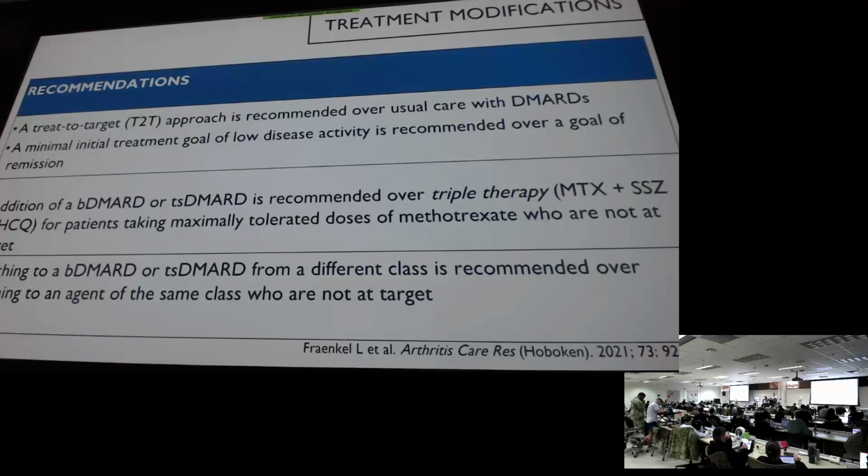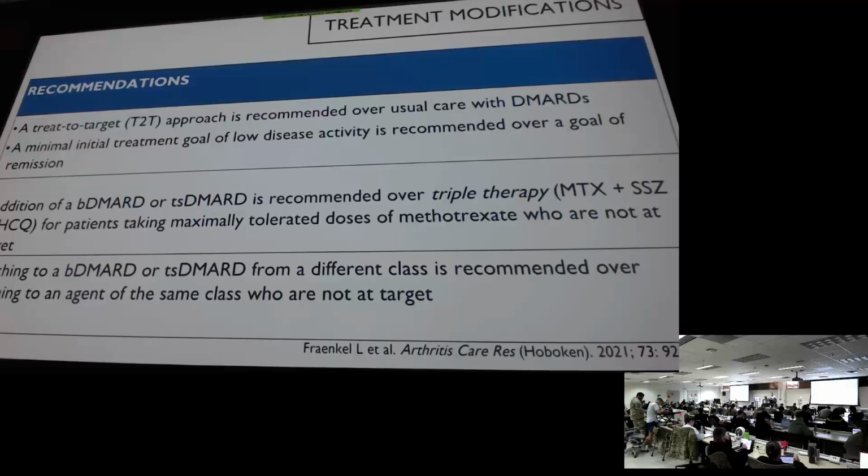And as I mentioned, that's recommended over doing methotrexate plus the sulfasalazine and the HCQ, another 2 other conventionals, and we're coming up on a chart to show them, but not using triple therapy all from the conventional class, using methotrexate and then adding one of the biologics or a target-specific DMARD, Janus kinase inhibitors, which are not biologics.